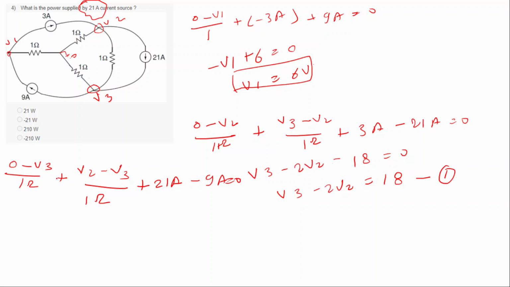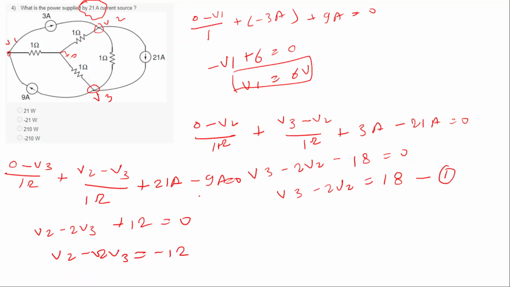So this will become V2 minus 2 times V3 plus 18 plus 12 equals 0. So V2 minus 2 times V3 equals minus 12.